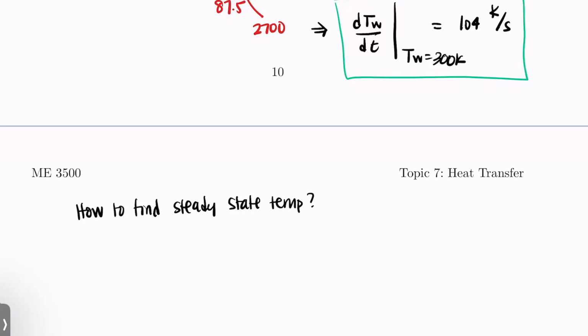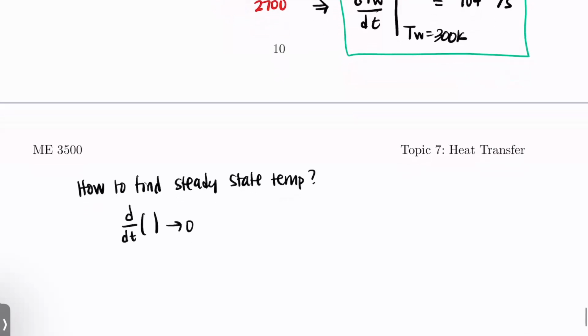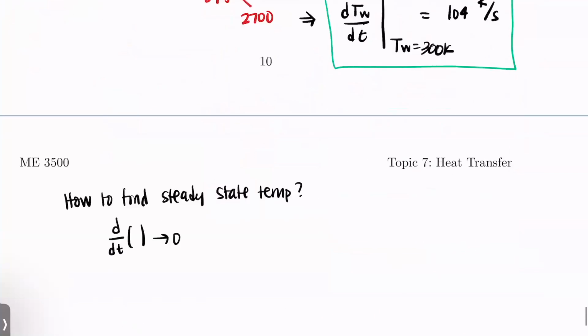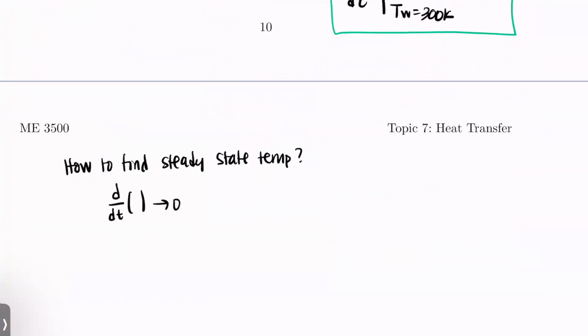What simplification can we make? Yeah, so our d/dt term goes to 0. So essentially what we're going to do is start with this equation. I'm going to call this equation star. So we're going to set equation star to 0 and solve for TW.